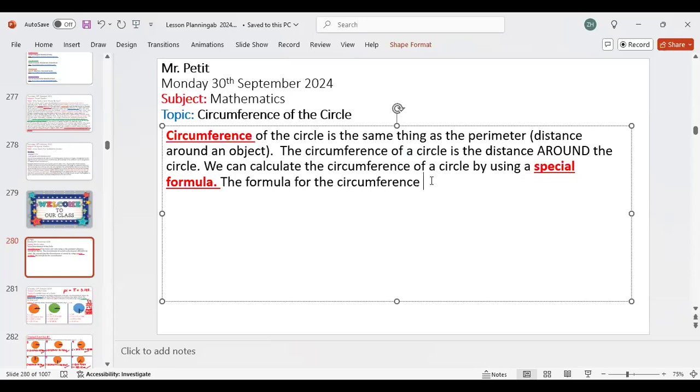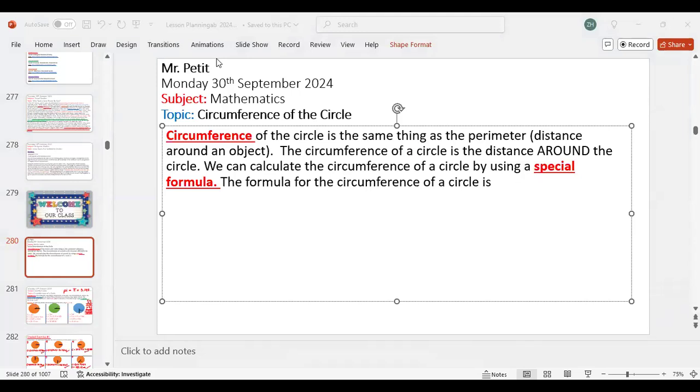Does anyone know? Two pi r squared? Pi r? You think it's pi r squared? Who thinks it's pi r squared? Who thinks it's pi?